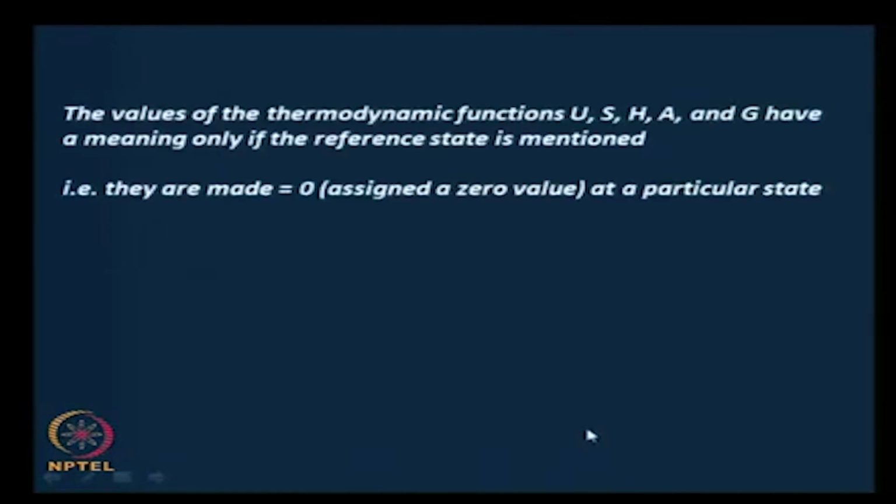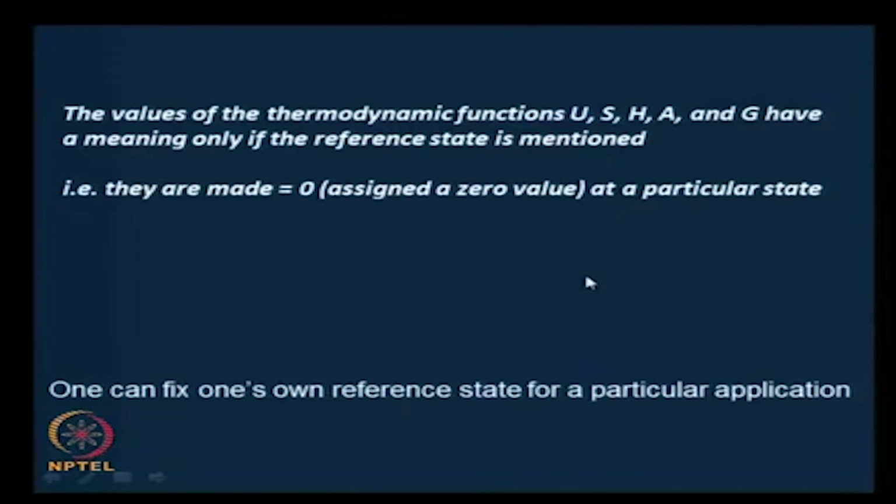We said the values of the thermodynamic functions U, S, H, A and G, this is a mnemonic based on a name, have a meaning only if the reference state is mentioned. This is again a kind of review, you know this already. In other words, there is a certain set of conditions at which they are assigned a value 0, and of course one can fix one's own reference state for a particular application.